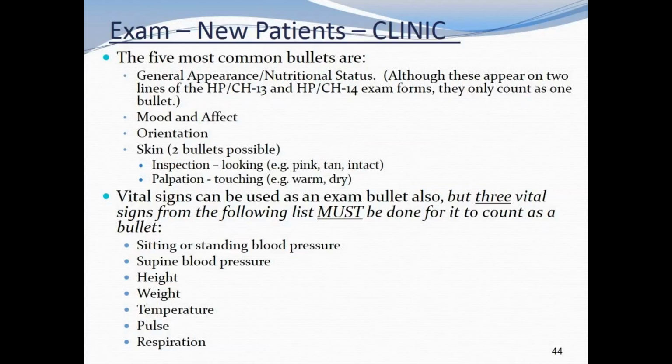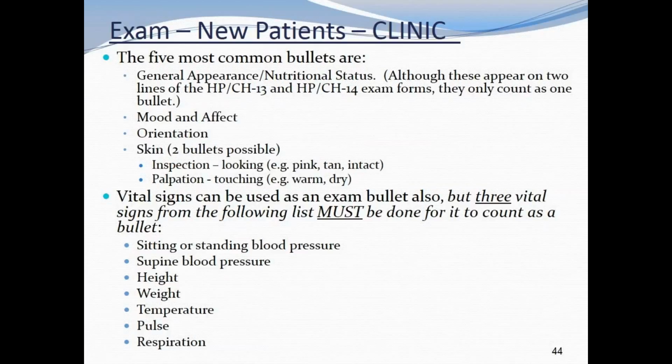And then skin, you actually can get 2 bullets for that if you have inspection and palpation, okay? So that's your skin warm, pink, and dry, you know. So that's actually 5 right there, those first 5, okay? But if you add 3 vital signs, because it's a 3 for 1 when you're thinking of vital signs, to get 1 exam bullet.